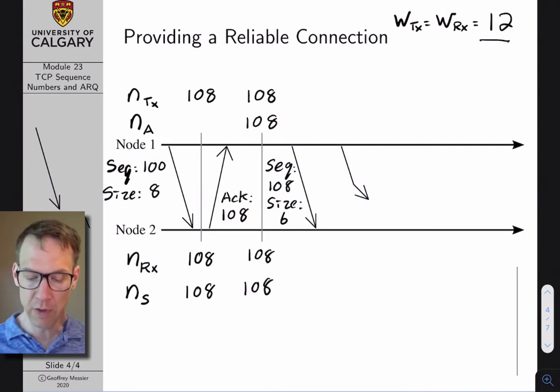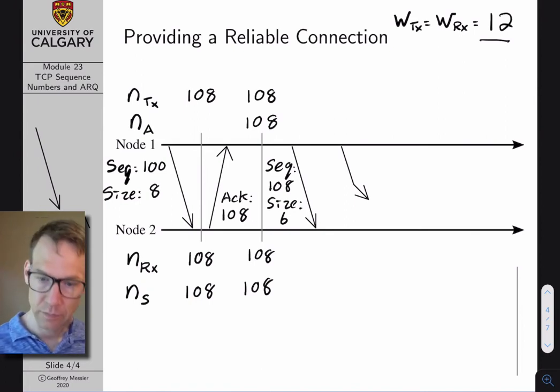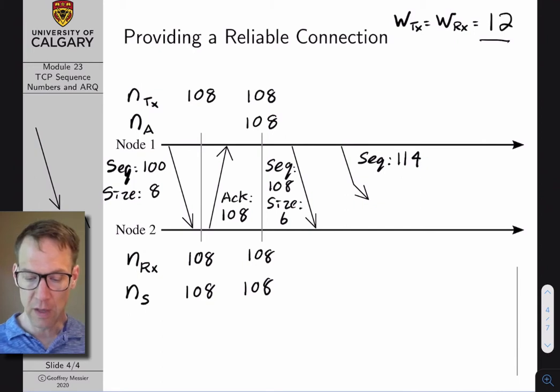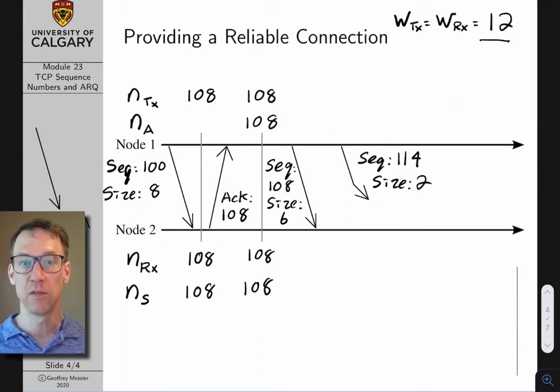So we're allowed to send up to 12 bytes before having to wait for an acknowledgement. So rather than waiting for an acknowledgement, we send a second frame, which will have sequence number of 114, right? Because that's the index of the first byte in this second segment. And let's say for the purposes of this example, we only send 2 bytes in this second segment.